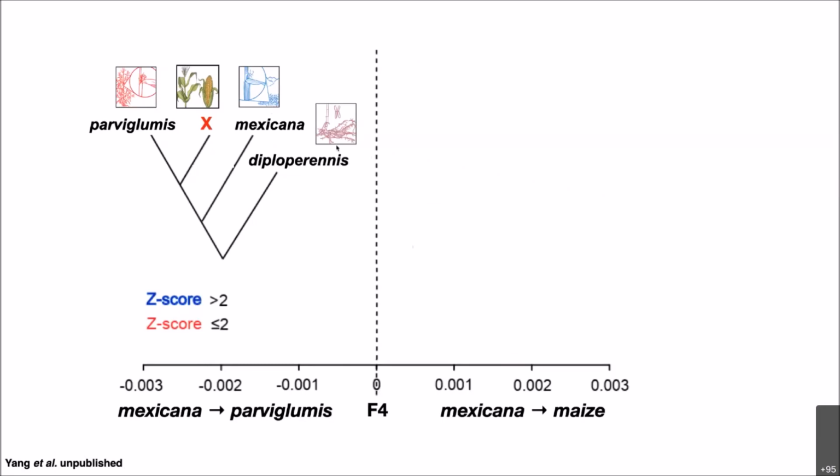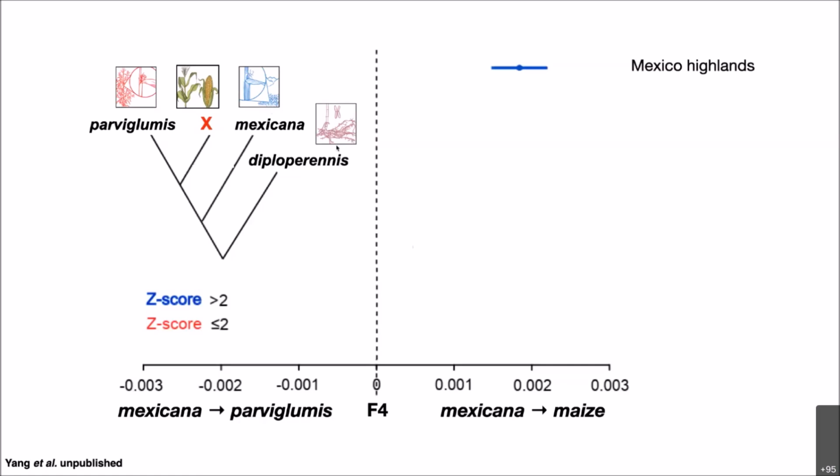And we can calculate F4 for a number of different versions of this tree, where negative F4 values are consistent with gene flow from Mexicana to Parviglumis, and positive F4 values are consistent with admixture or gene flow from Mexicana into maize.